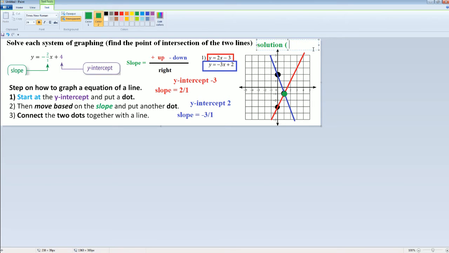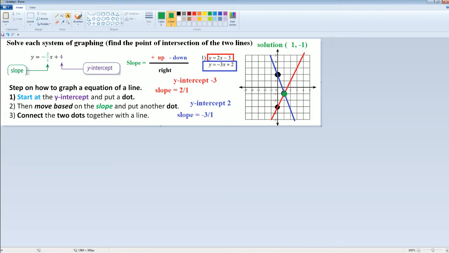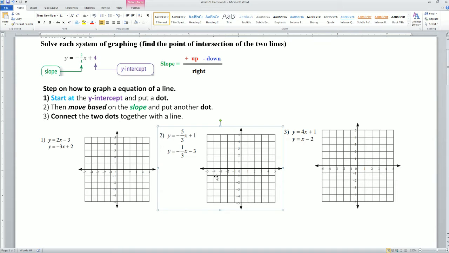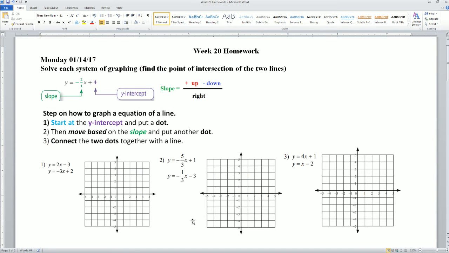That's at the point (1, -1). This would be the solution for this system. There you go. Let's do the next one. Give me a second here to set it up on Paint.